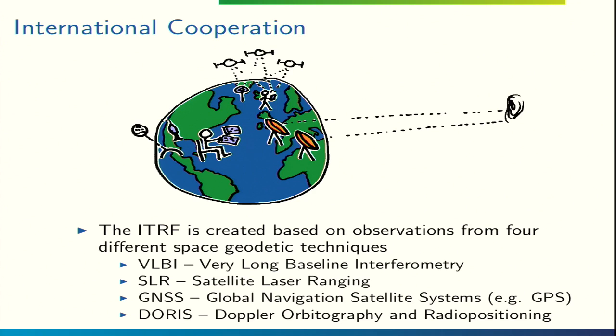But when you want to get down to centimeter level, there's essentially two techniques: SLR and DORIS, which give you that really high precision. DORIS is used on, for instance, the Sentinel satellites that were mentioned in an earlier talk today, to get really good orbits.